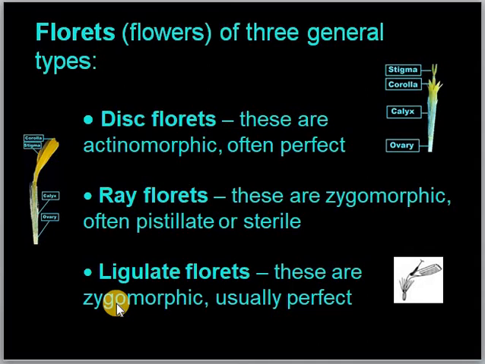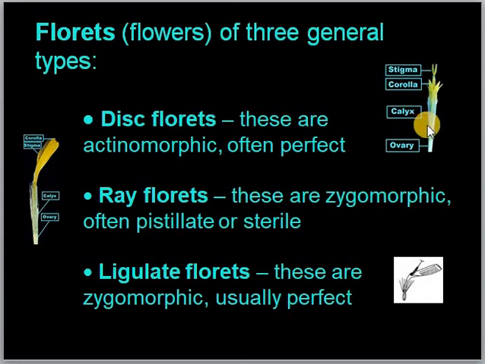They will have calyx, corolla, ovary, style and stigma, and all parts are present. So you see the disc florets, they are actinomorphic and often perfect. All the four whorls are present, hence they are called perfect flowers.